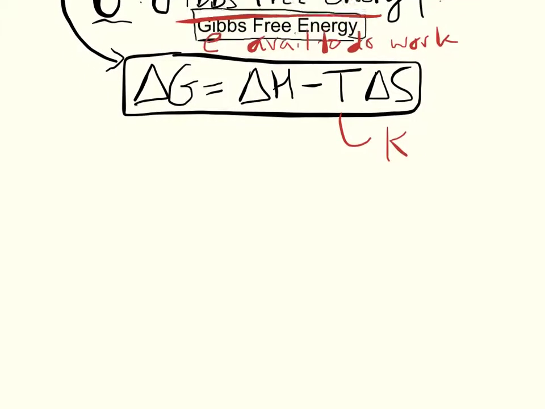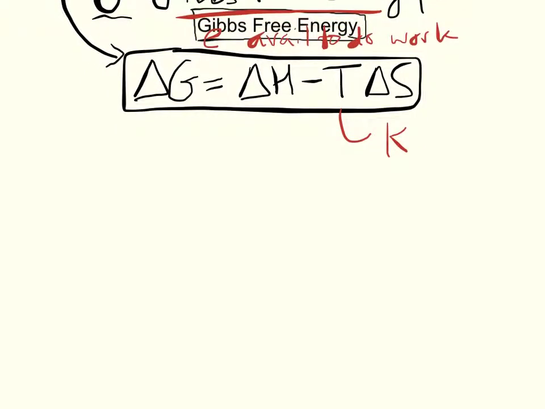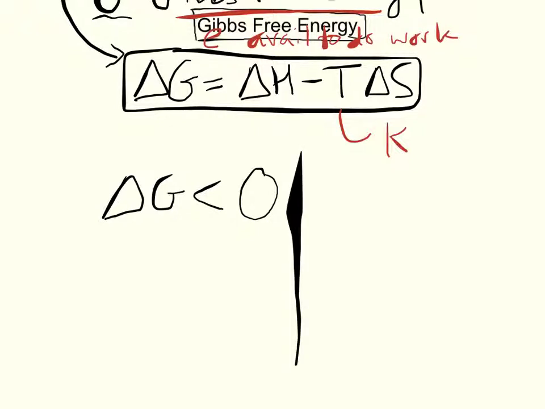Okay? And we can summarize that relatively simply. If the change in Gibbs free energy is less than 0, then the reaction is spontaneous in the forward direction.